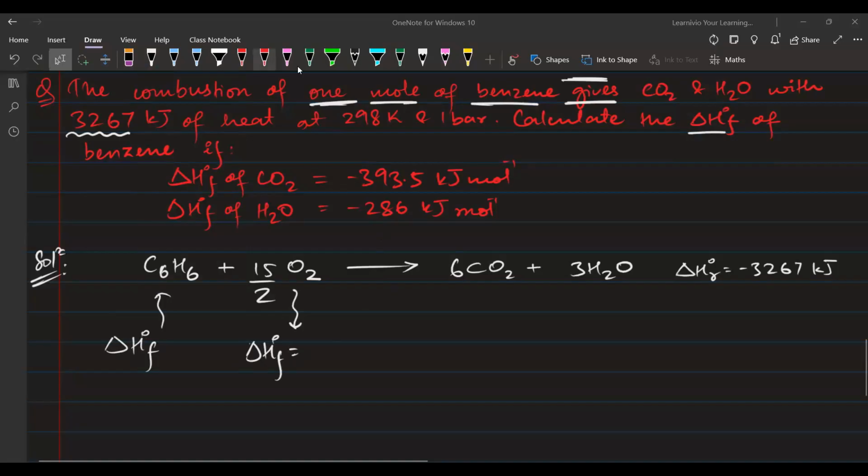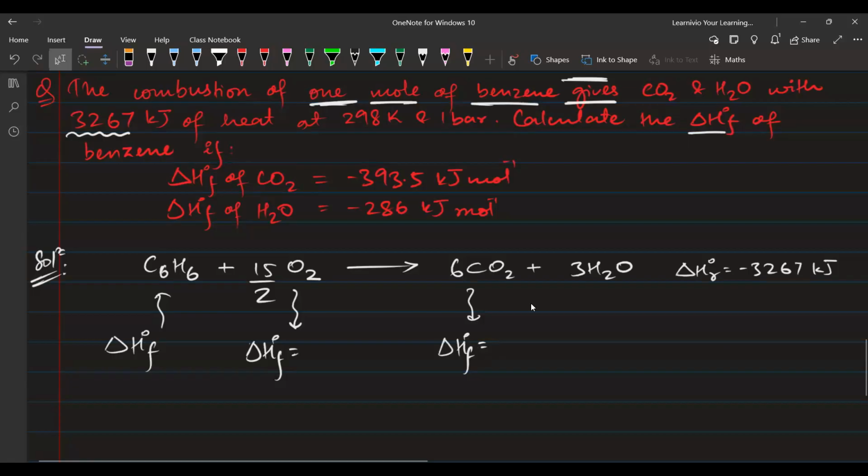Enthalpy of formation of O2 will be how much? Enthalpy of formation of CO2.